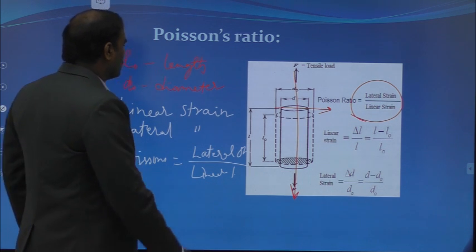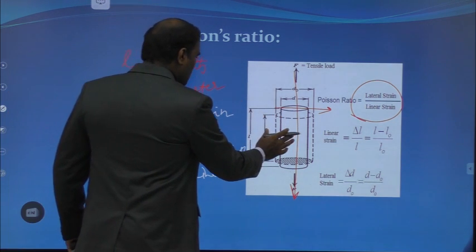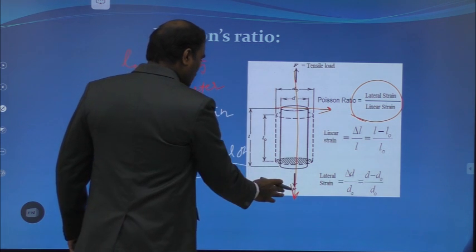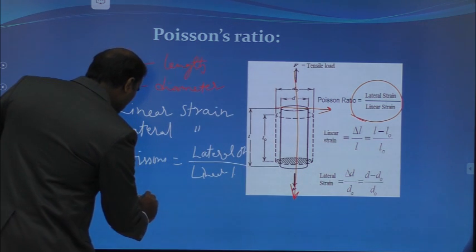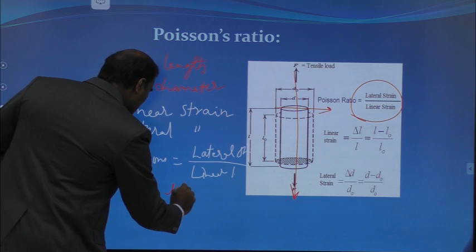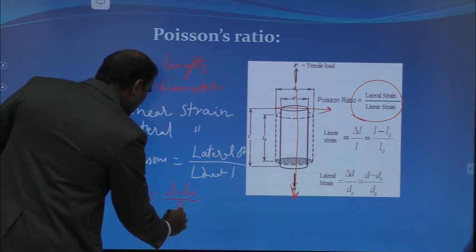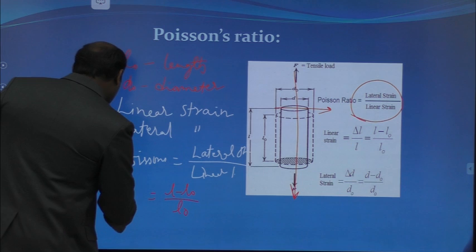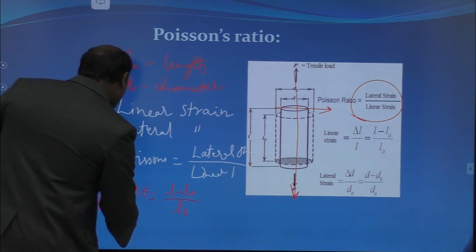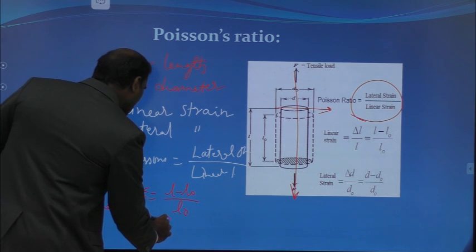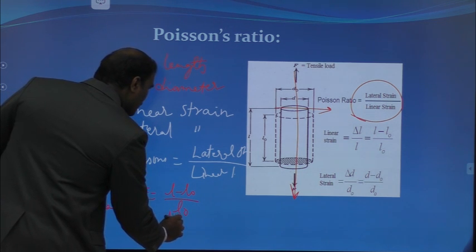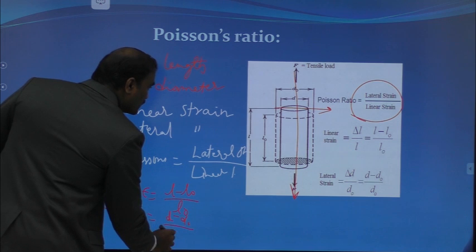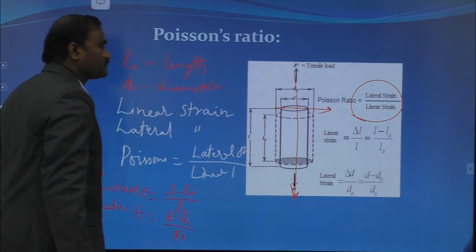So we have changes in the length the moment we apply tensile load. The strain is L minus L0 by L0, so this is the linear strain. The lateral strain is D minus D0 by D0.